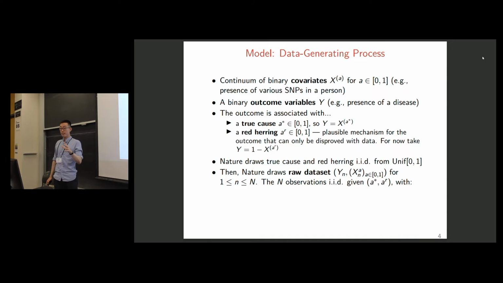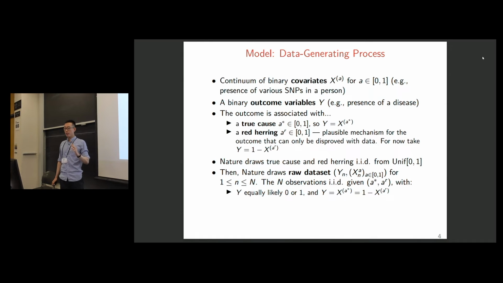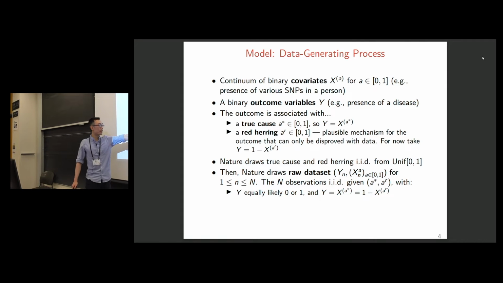Having fixed the true cause and the red herring, A star and AR, here's what we're going to do. For each observation, we will realize the outcome equally likely to be 0 or 1. And then I'm going to set the value of the true cause to be equal to the outcome. I set the value of the red herring to be 1 minus the outcome.